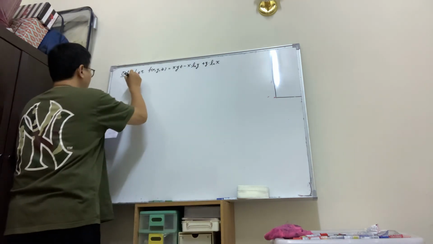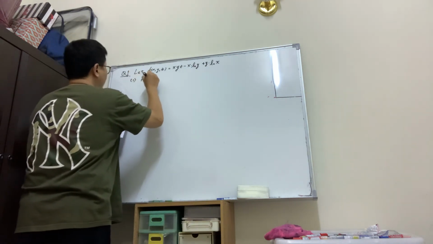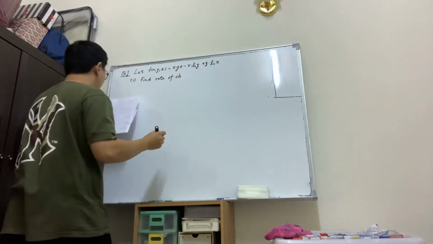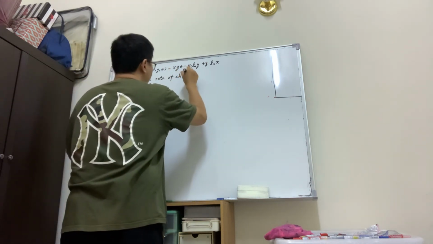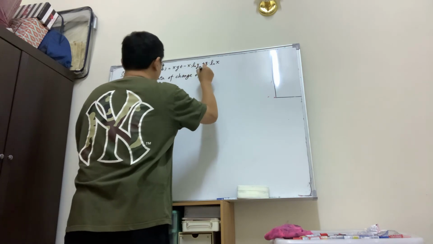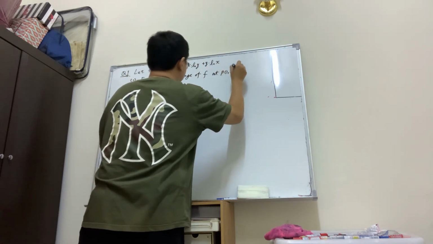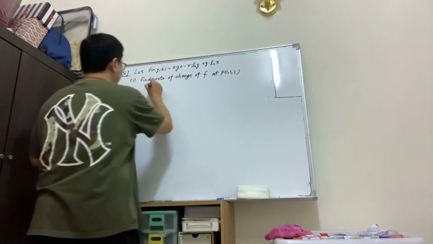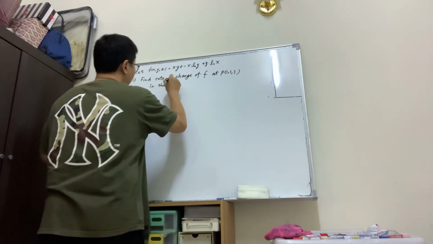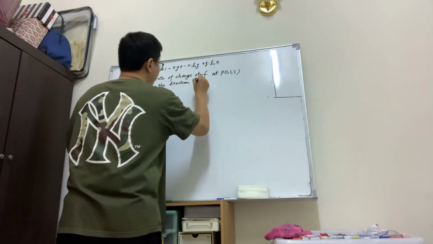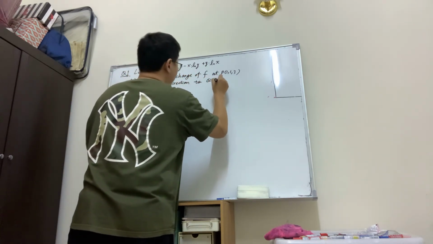So first of all, we find the rate of change. Rate of change means the directional derivative. Rate of change of f at P(1,1,3) in the direction to Q(2,3,1).